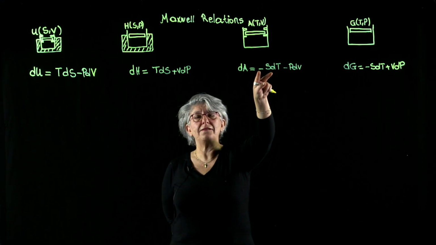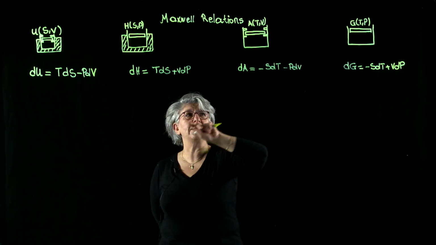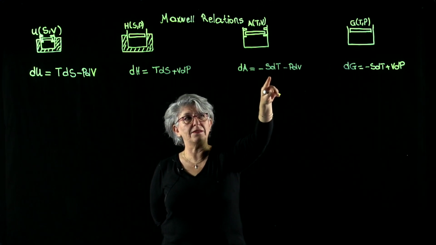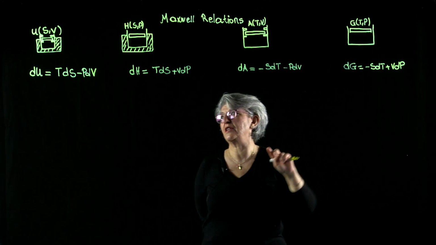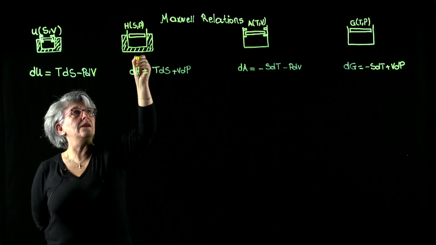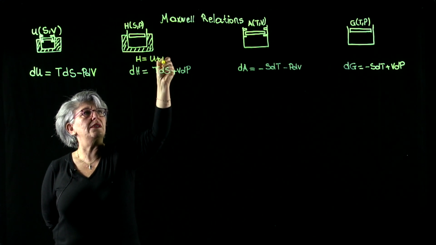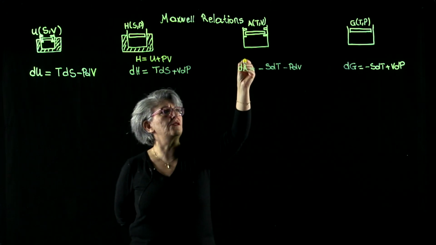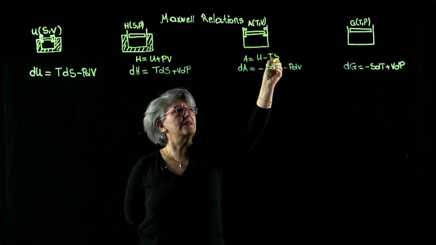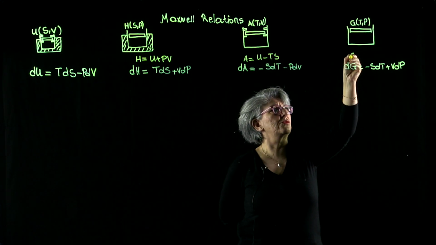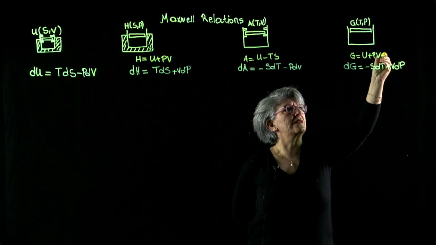When we have taken the relationship between Helmholtz free energy and internal energy, we obtained this relationship, and same for G. So let me also remind you that H is equal to U plus PV, A is equal to U minus TS, and G is equal to U plus PV minus TS.